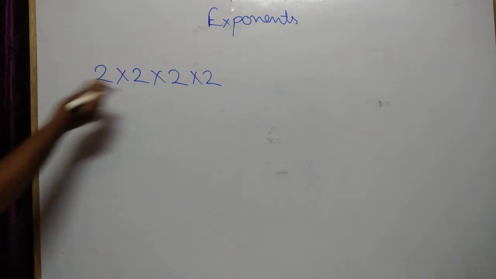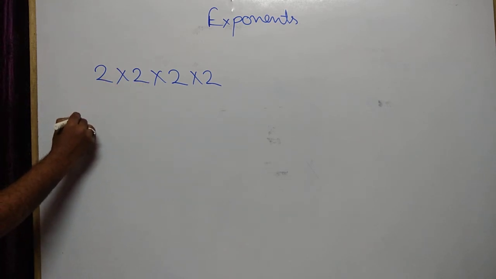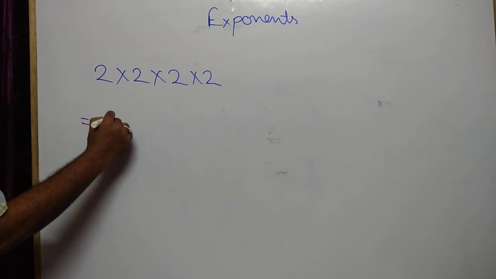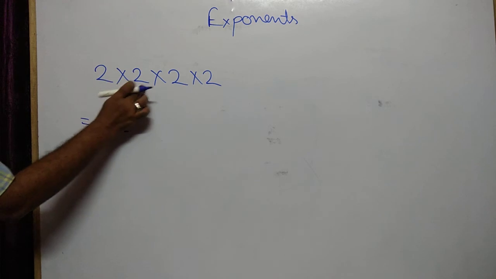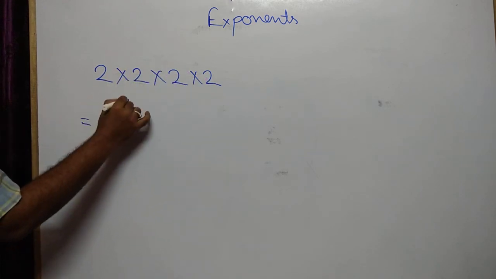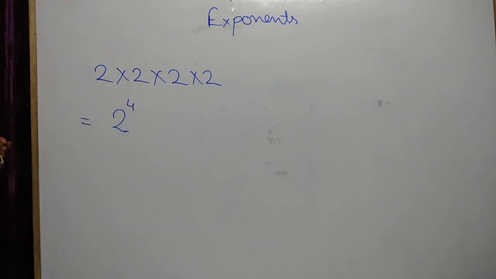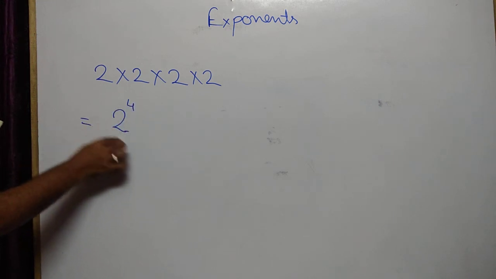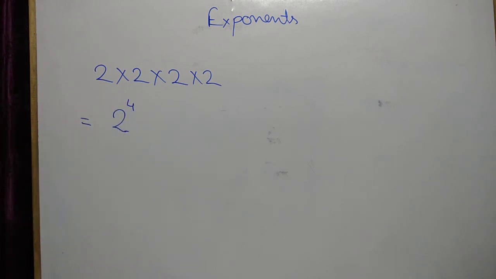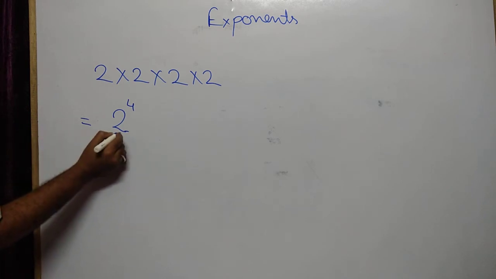So we can express this as 2 to the power 4. How many 2's are there? 1 2 3 4. So 4 is the power. This is your exponent part.